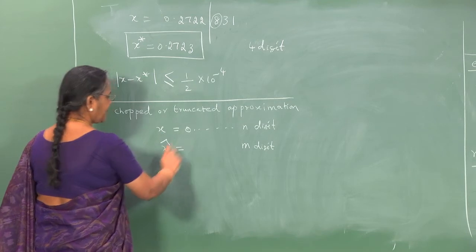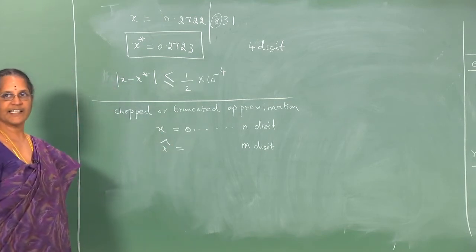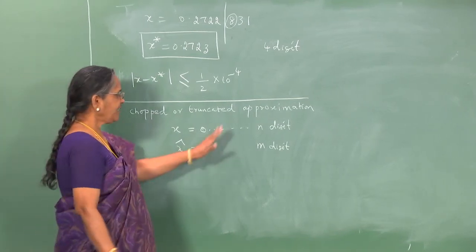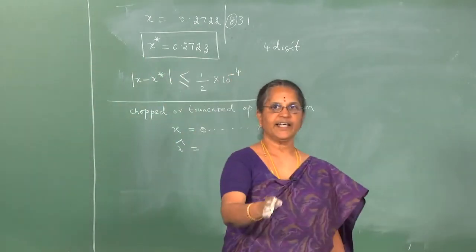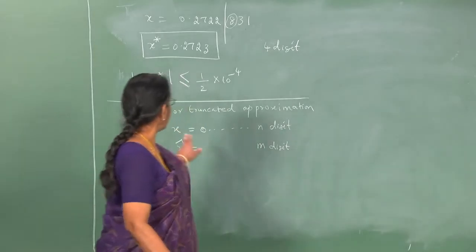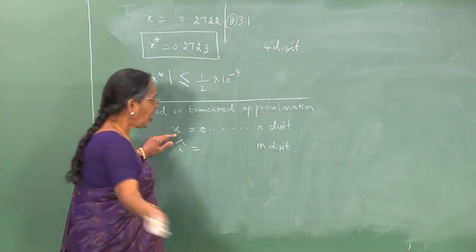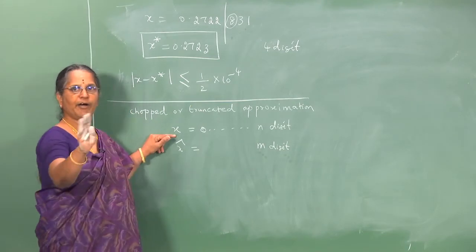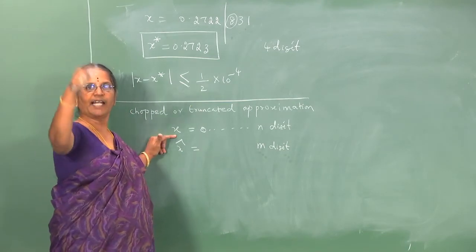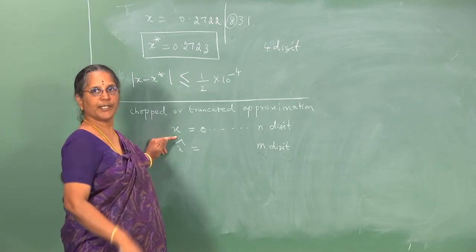Suppose I denote it by x hat. It is obtained by simply discarding all the digits in x beyond the mth digit. You do not worry about what the value is at the m plus 1th location.